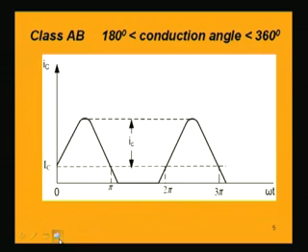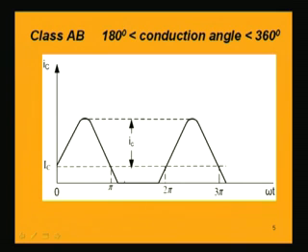Another type of amplifier is class AB type of amplifier. In class AB type of amplifier, the conduction angle is greater than 180 degree, but less than 360 degree. Here you can see that in class AB amplifier the collector current is flowing beyond this pi.